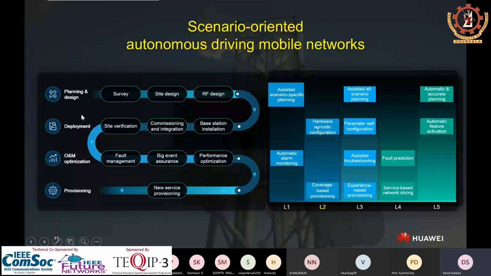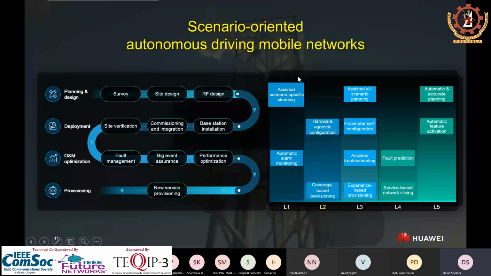We deploy different elements, and then once the system works, we think of improving the performance, and then we may have the provisioning of new services, including, for example, migrating the system to the following generation. And our approach has been scenario-based, so scenario-oriented.